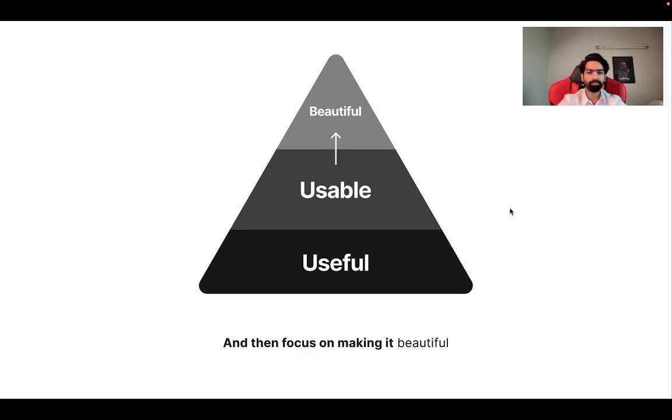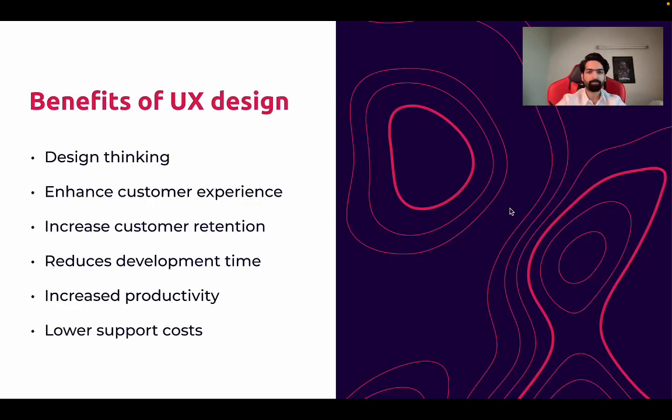So first you start with the useful and usable part and then focus on making it beautiful. Beautiful becomes the last step, and we'll discuss it in detail in our next slides. If you focus on beautiful first, you would end up with something unusable and not useful. So always put the useful part first, and then focus on the beautiful part as the last part of your design process.